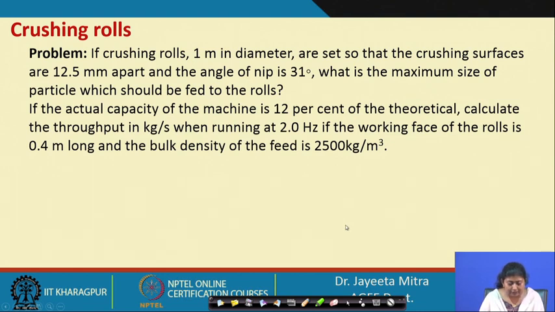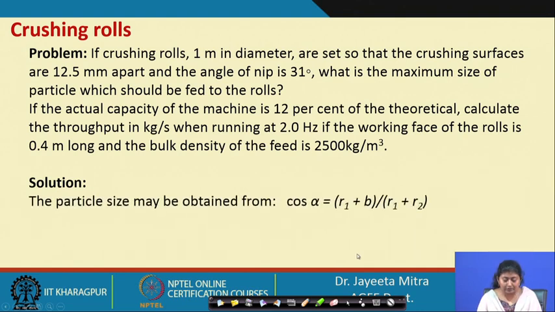And if the actual capacity of the machine is 12% of the theoretical capacity, calculate the throughput in kg per second when running at 2 hertz, if the working face of the roll is 0.4 meter long and the bulk density of the feed is 2500 kg per meter cube.